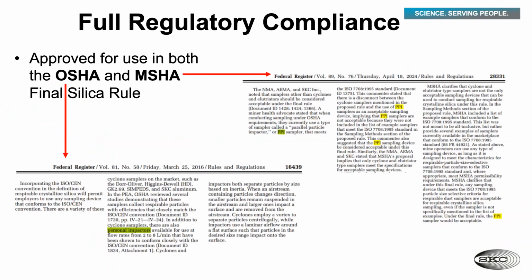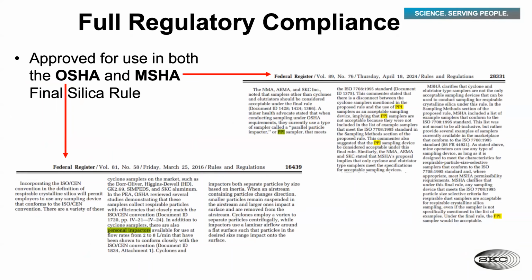From a regulatory compliance point of view, they are both included in the OSHA silica regulation as well as the new MSHA silica regulation. We had a lot of questions when the MSHA rule first came out about whether these particular samplers could be used, and I was very happy to see that MSHA took the time to read those questions and include that in the final rule.